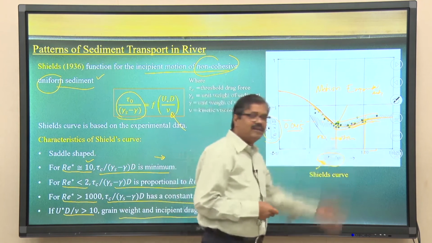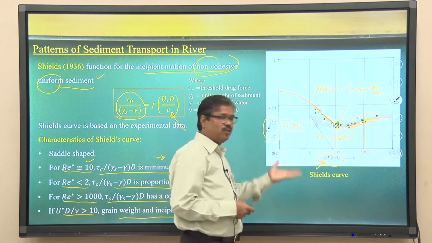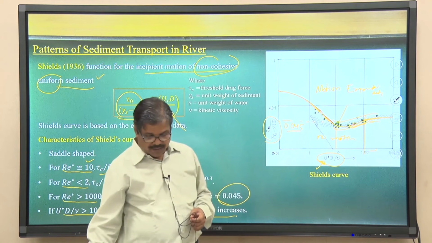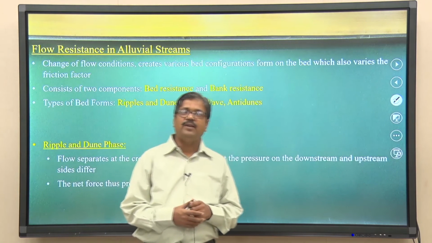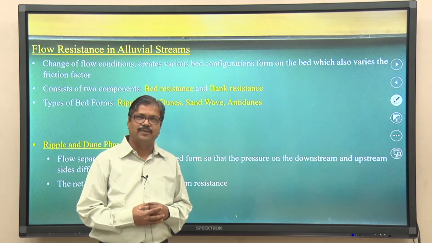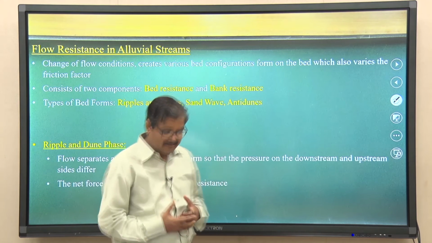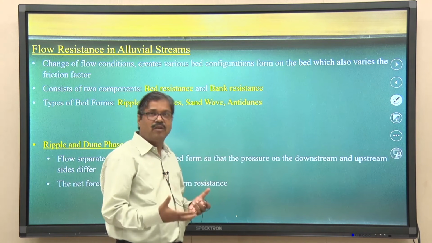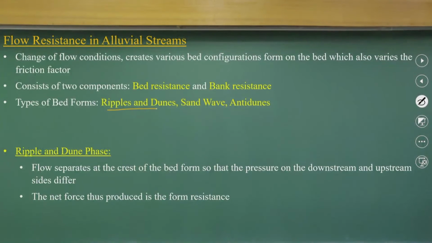That is what we can quantify, because it does not need much to do it, because all the parameters you can get from river bed materials. Now, if I talk about the flow resistance in alluvial rivers, the alluvial rivers have different bed forms, as we discussed in the last class: the ripples, dunes, the sand waves and the antidunes.